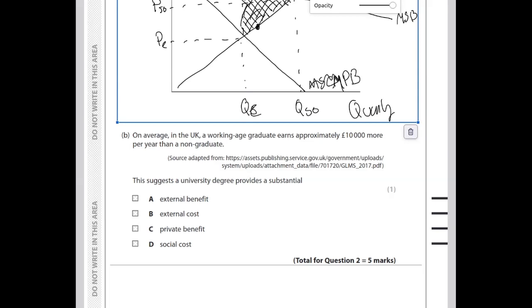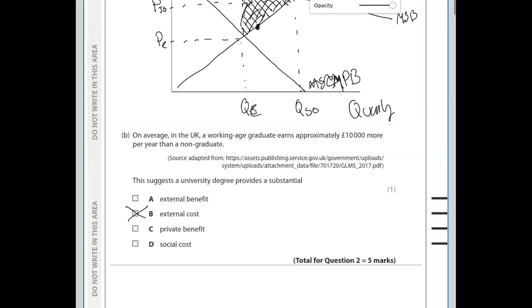year than a non-graduate. This suggests university provides a substantial external benefit, external cost, private benefit, or social cost. So, I mean, this seems good, so it's probably not an external or social cost. While we were just discussing a lot of external benefits, in this case it's the person who is going to university, who's paying for university, potentially, unless their parents are paying, who's getting the benefit.